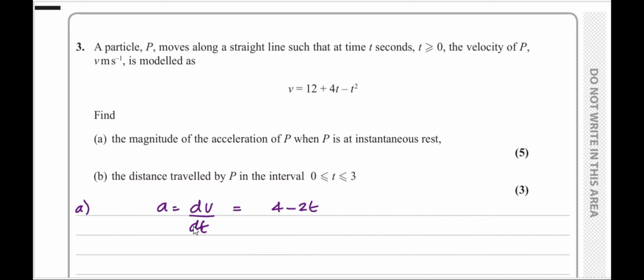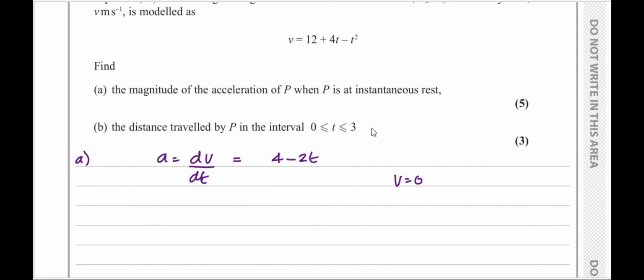and then we need to figure out what's the acceleration when this object is instantaneously at rest. When it is at rest, v is equal to 0, right? Therefore, we can solve out what is the value of t.